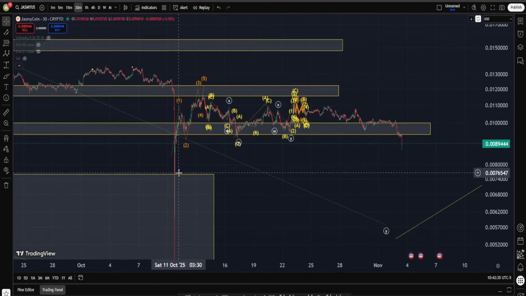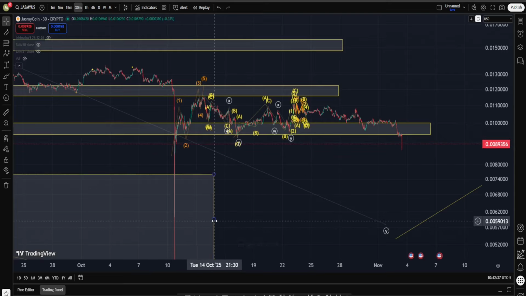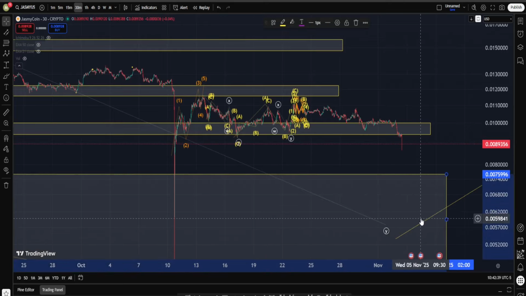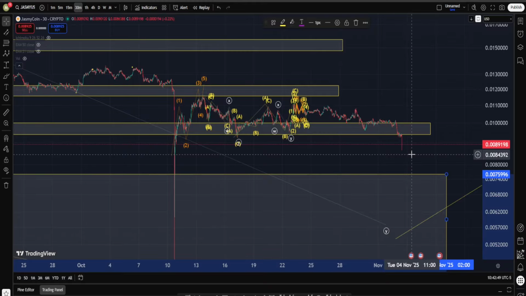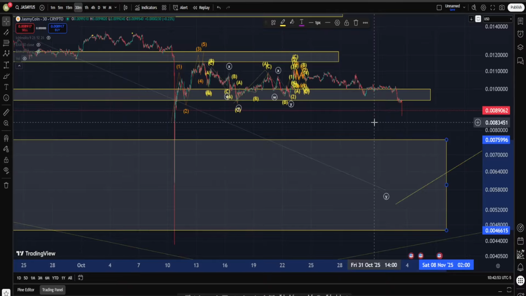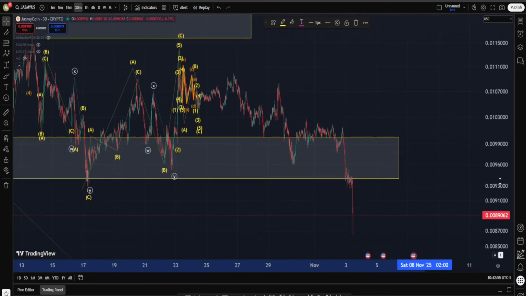So let's say at least we are going to reach about the higher band of this important region. And even that one is probably around an 18 to 20% move on the downside, which is really not ideal.